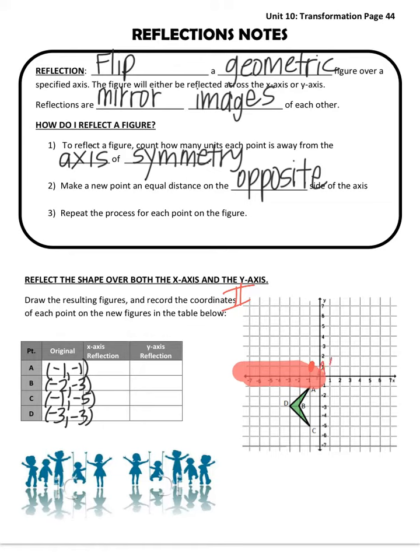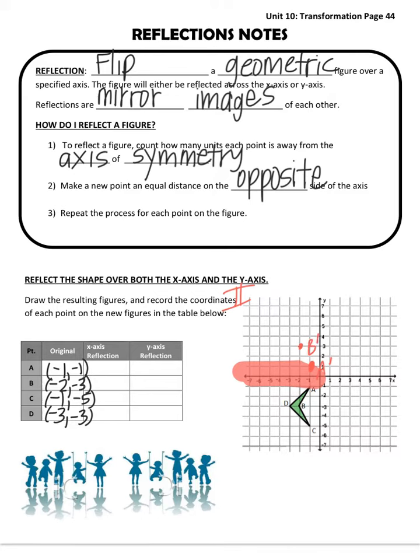We'll call that A prime. B prime is 1, 2, 3 units away. So we're going to stay at -2, except this time go up. So -2, 3 is where B prime will be.